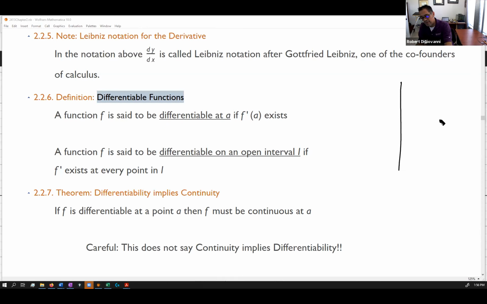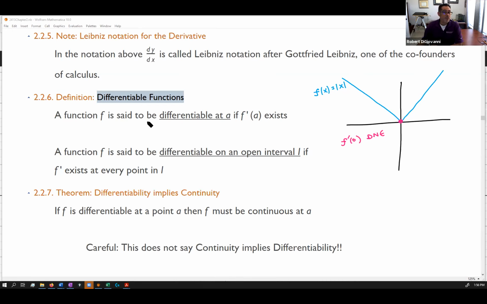If I graph the absolute value function, f of x equals the absolute value of x, you can take the derivative of this function everywhere except 0. f prime of 0 does not exist, because you have a corner there. I already talked about this.